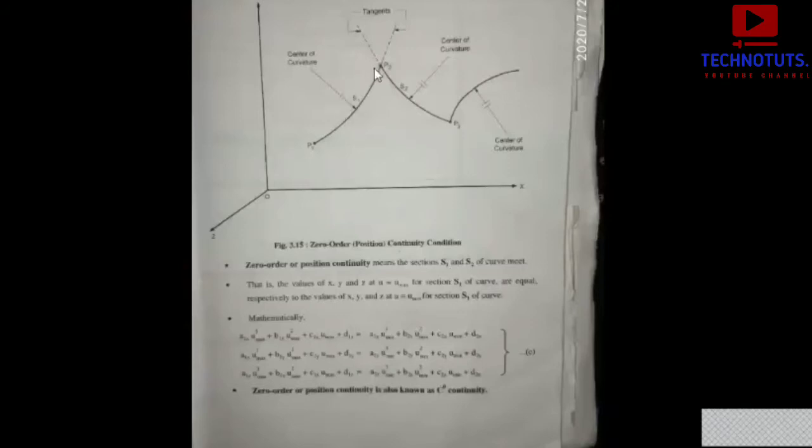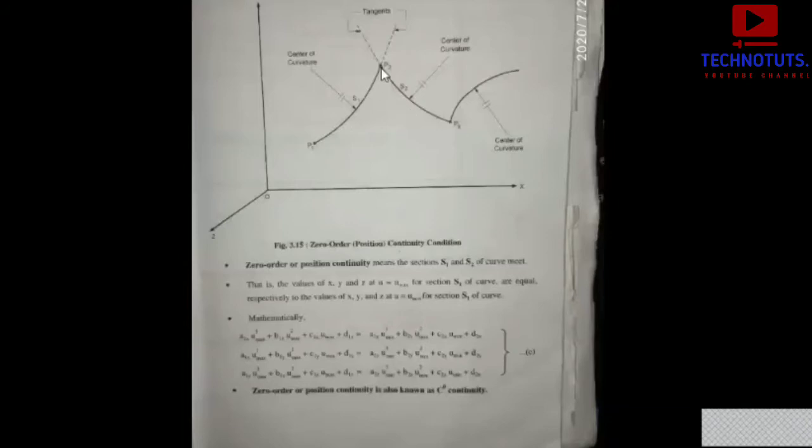Here the maximum value of u for curve S1 at point P2 will be equal to the minimum value of u for curve S2 at that point. For section S1, the value of u is maximum at point P2 and minimum at point P1, and for section S2, the value of u is minimum at point P3.